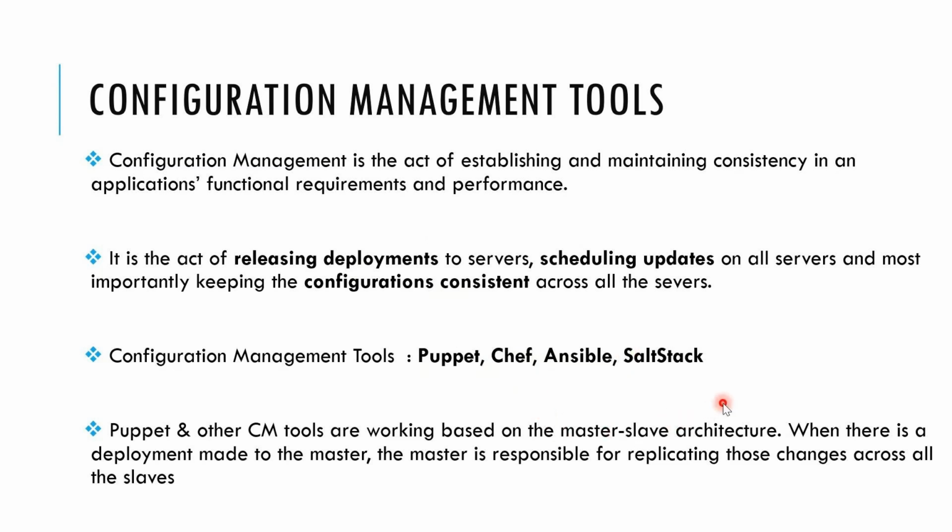The master is the management tool where you install the main software, and the remaining servers are client nodes, the slave machines which you control from the master. Some of the configuration management tools are agent based, and Ansible is the only agentless tool.